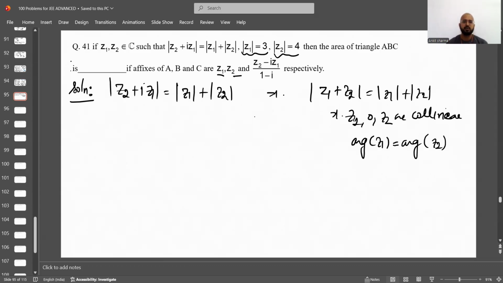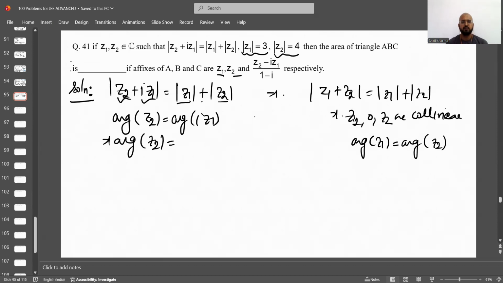So we can apply the same concept here because their moduli are equal. So the triangle inequality has turned out to be equality, which means argument of z2 is equal to argument of i z1.